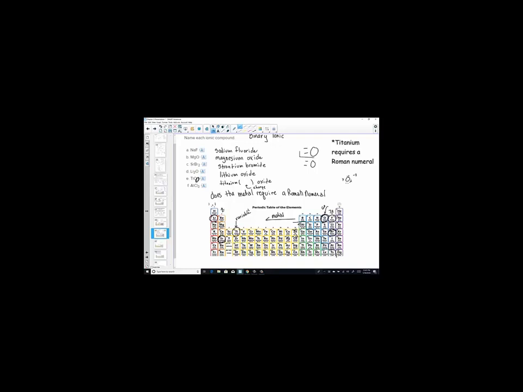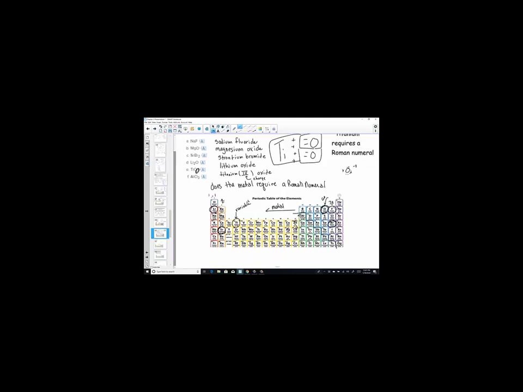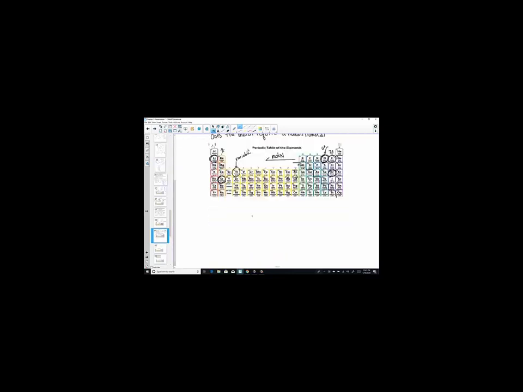So we have 2 separate O -2s. That's a total magnitude of a -4. Our titanium has to carry a +4 charge to electrically balance 2 units of a -2. Titanium 4 oxide.